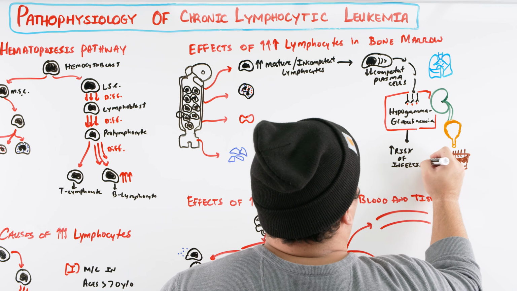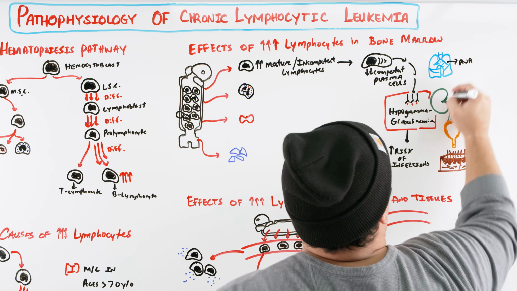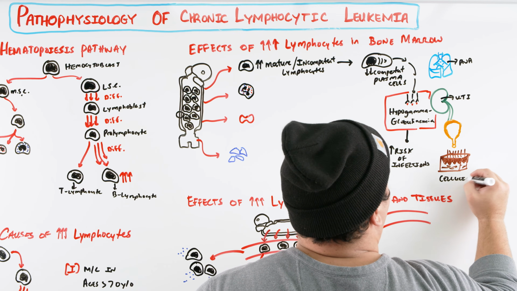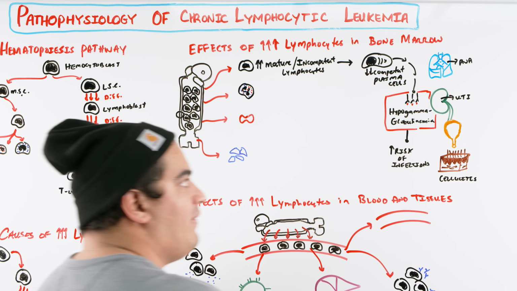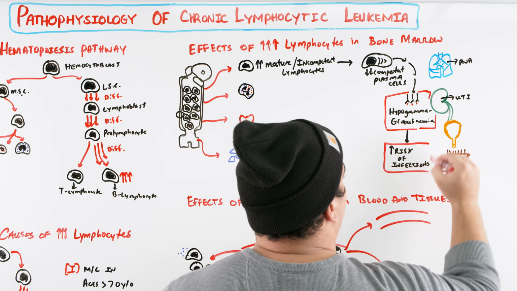And these infections can look various different ways. What are the ways they can present? They can present with pneumonia, urinary tract infections, cellulitis. So these are the downstream things that can have a high degree of mortality in this patient population. So that's one interesting type of effect.